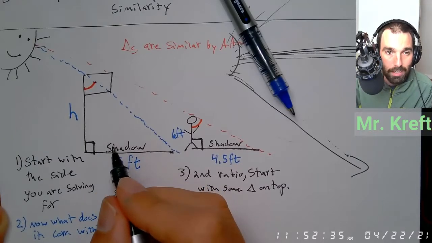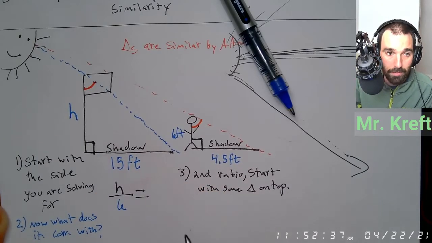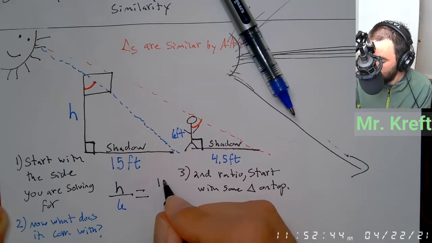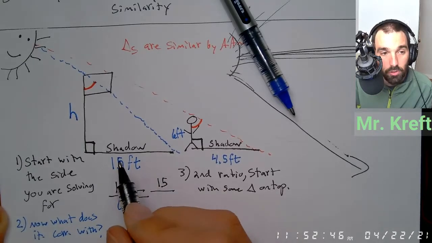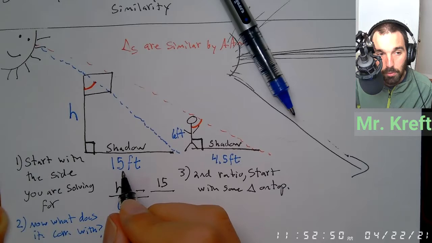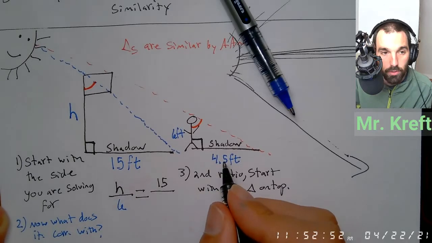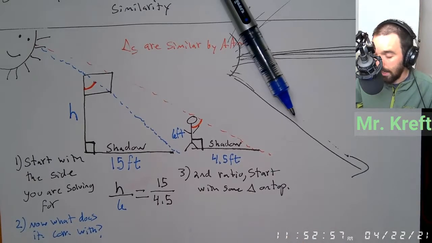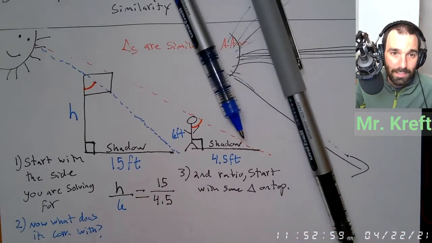I started with the flagpole triangle on top, so I have to start with that flagpole triangle again. My only other side is 15. So I'm going to compare shadow with shadow. The shadow of my flagpole is 15 feet. This shadow of mine is 4.5. And that's it, guys. This is our proportion.